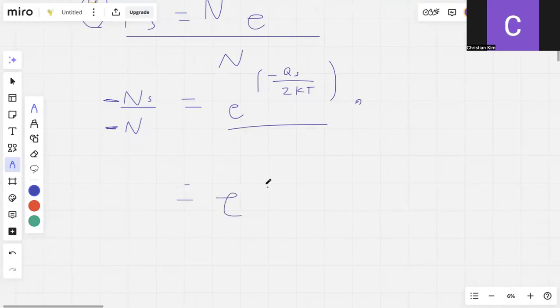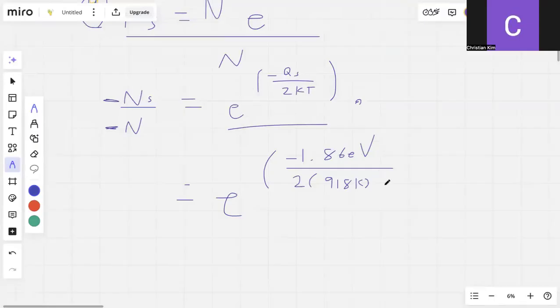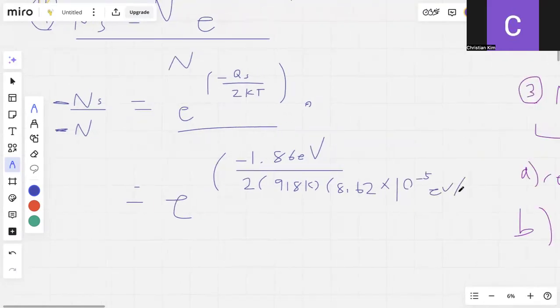So then that's going to be E raised to negative 1.86 electron volts, because that's the energy it takes in order to form the Schottky defect, divided by 2 times 918 Kelvin, because remember, you're taking the degrees Celsius, adding 273 to find Kelvin, which in this case was 645 plus 273, multiplied by 8.62 times 10 to the negative fifth electron volts per Kelvin.